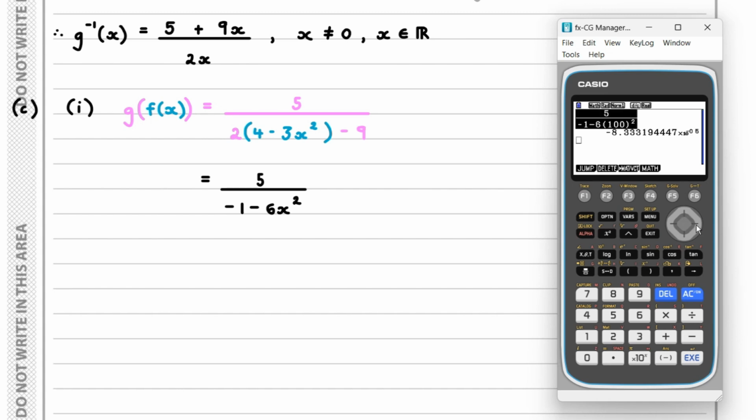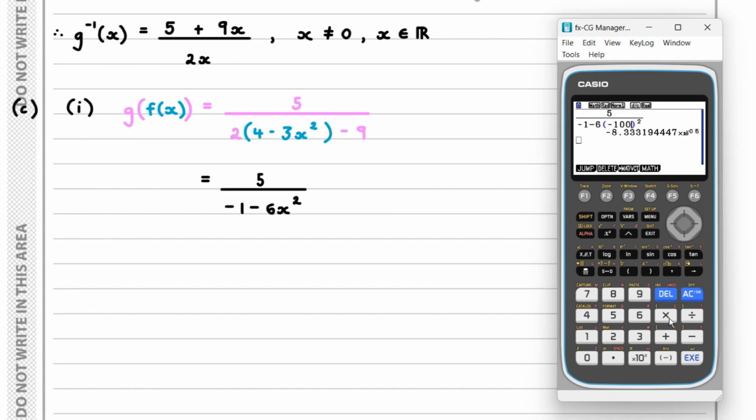Now, what would happen if I have, say, negative 100? We'd get this very small value. So let's try to make the values of x smaller. What would happen then?